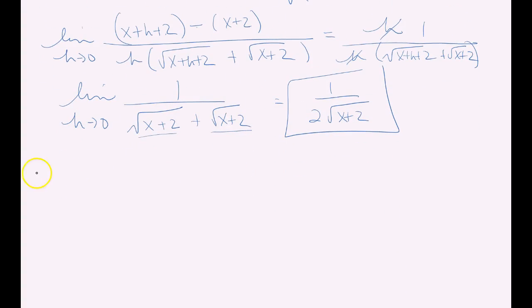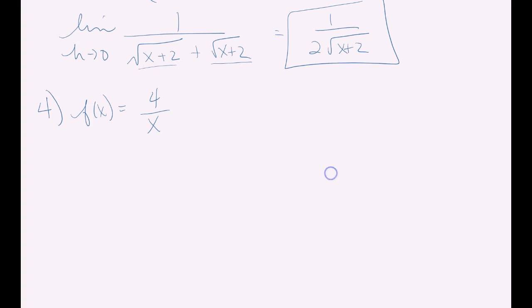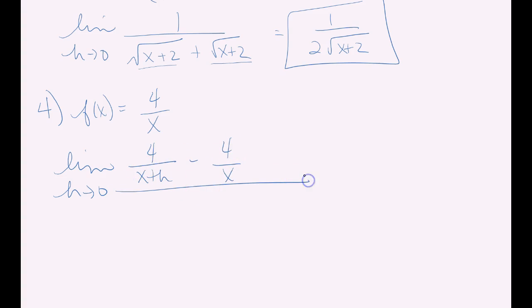Coolio, number 4, the last one, going to be some kind of fraction. This is really similar to the fraction that I've already done for you though, so it shouldn't have been too terrible if you followed that guide. So 4 over x, I'm just going to do this one since it matches the other one so well.